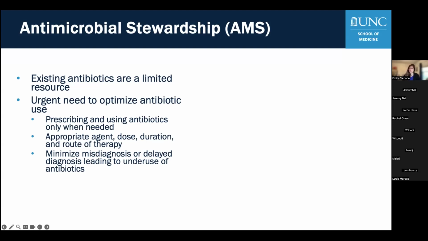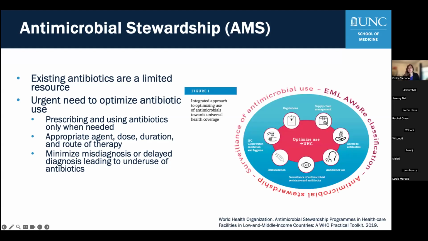Also minimizing misdiagnoses and delayed diagnoses, which would lead to underuse of antibiotics, and assuring that the right drug, dose and duration are selected when it is determined that an antibiotic is needed. So in summary, basically using antibiotics only when they would confer a benefit to the patient. And this is one of the three pillars determined by the WHO to be important to an integrated approach to health systems strengthening.